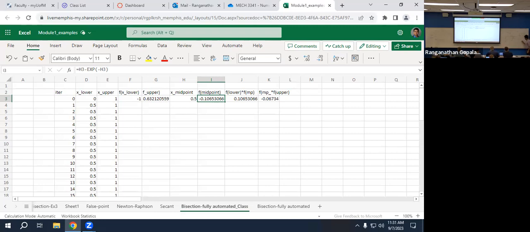If these two are of the same sign, then xl new would be equal to xm, and x upper new would be the same x upper. In that case, although my picture doesn't say that, this portion becomes irrelevant, and you now move your lower to here instead of moving the upper to here.